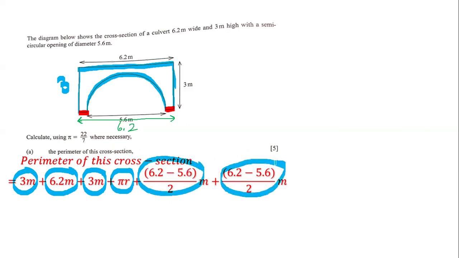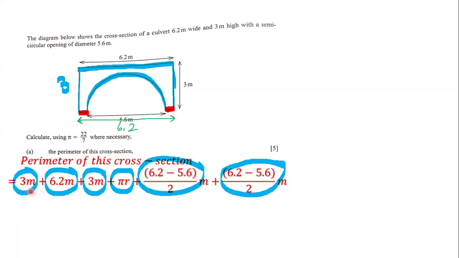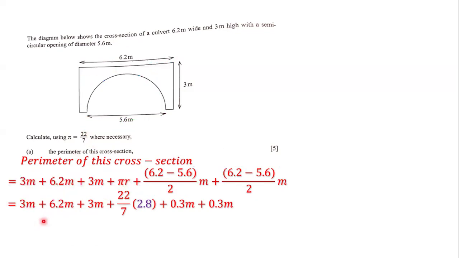Now what we have to do is compute. So we have pi r. What is pi r? Well, pi is 22/7 based on this question.